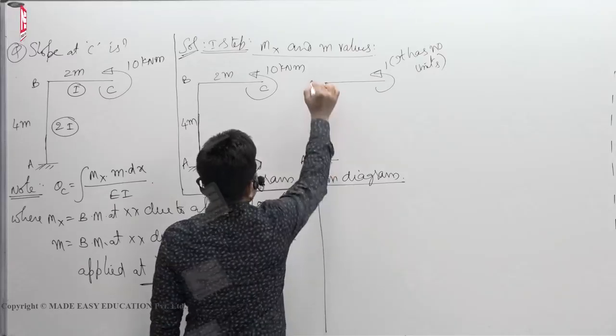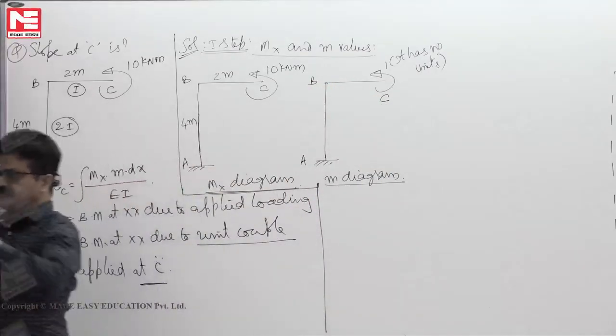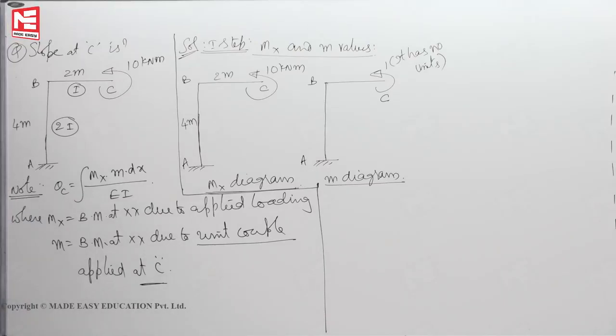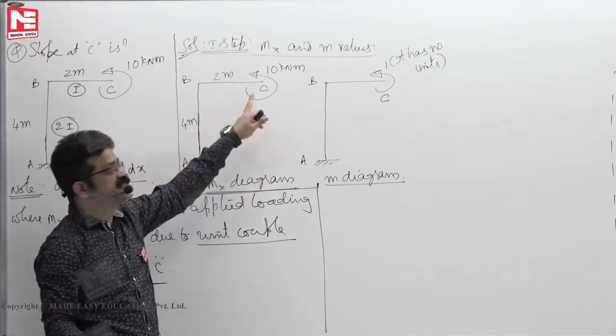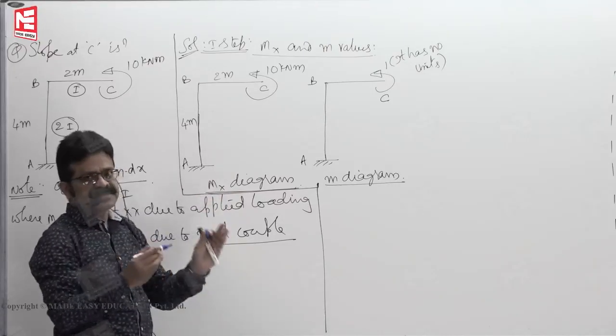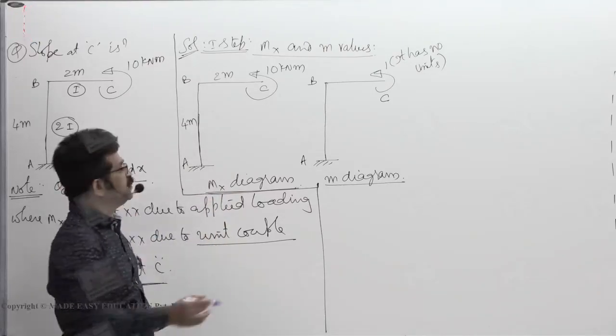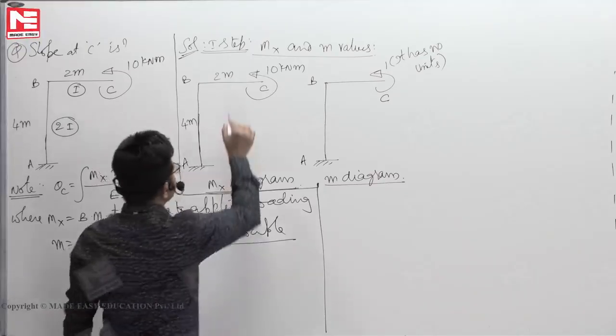This point now A, B, C. Now you see Mx values. Now you have two segments BC, AB. So in the two segments you have to calculate Mx, m, multiply them. Not more than 2 members will be there because you have only 2 minutes time in the exam.